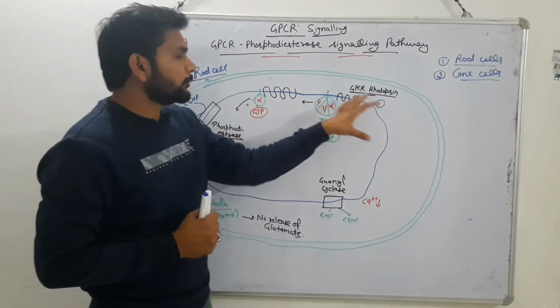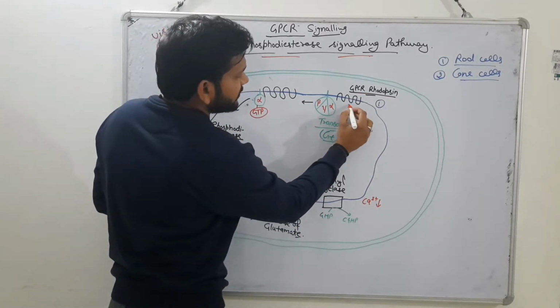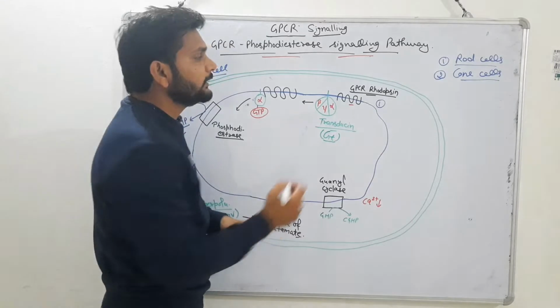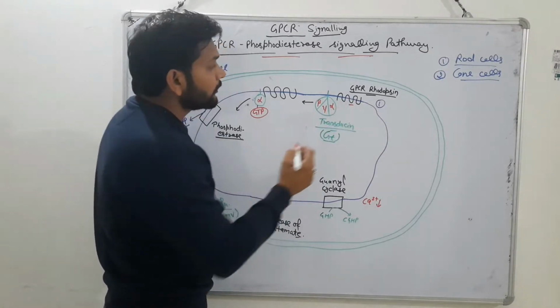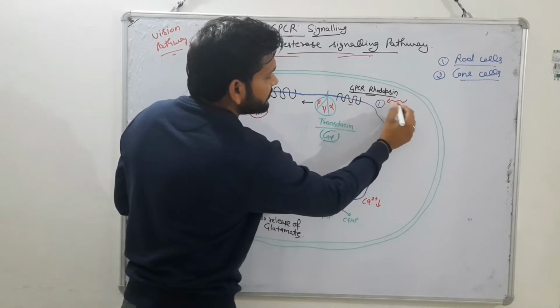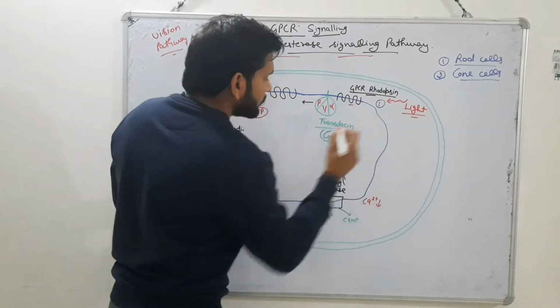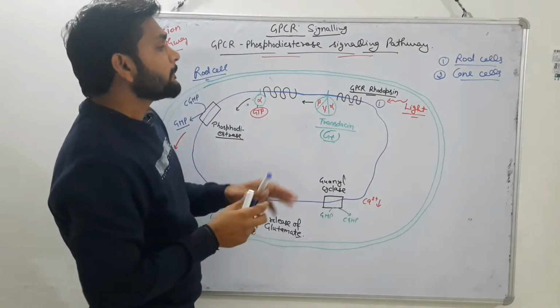Rhodopsin is a seven transmembrane GPCR protein, present in the integral membrane. This is the rhodopsin protein. When light comes, what will happen?